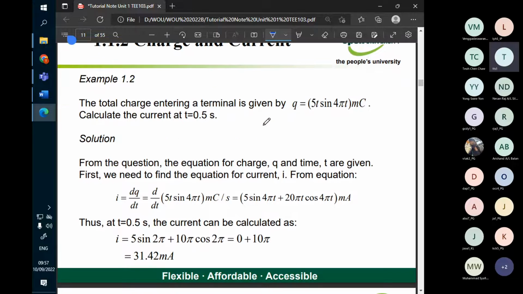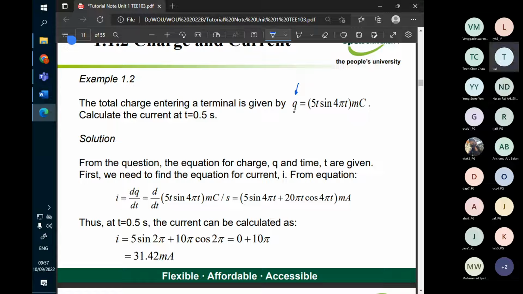All right, this is another example here. See whether you can understand or not. In this question, we are given an equation for the total charge. Q is the total charge, given by this formula, pi t sine 4 pi t, in millicoulombs. It wants you to calculate the current in amperes at t equal to 0.5.